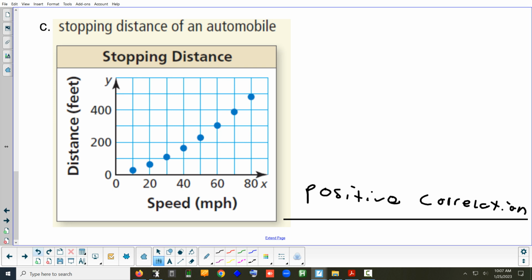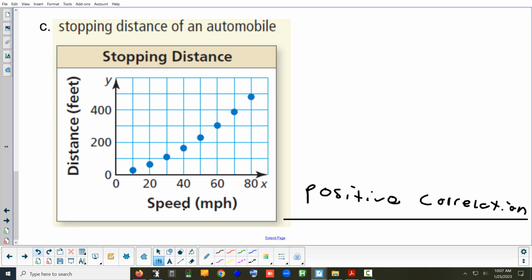Start with the x-axis. The faster you go, the more distance it takes to stop. Exactly. The faster you go, the more distance it takes to stop. As your speed goes up, your distance goes up. That's what a positive correlation means. They both increase. Speed increases, stopping distance increases.